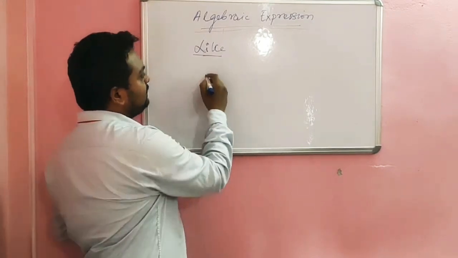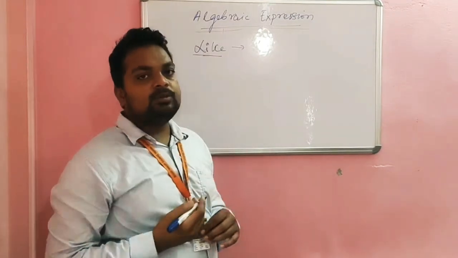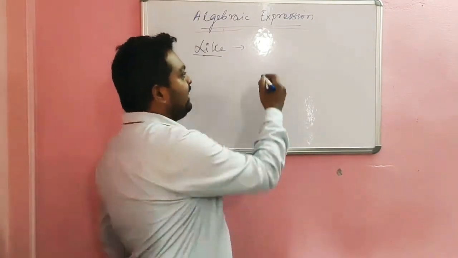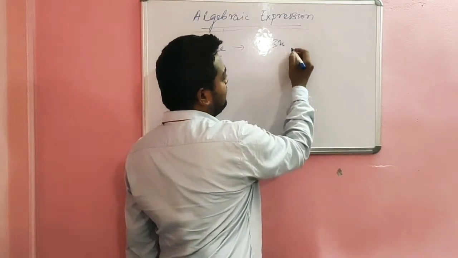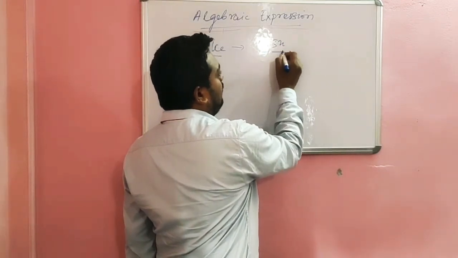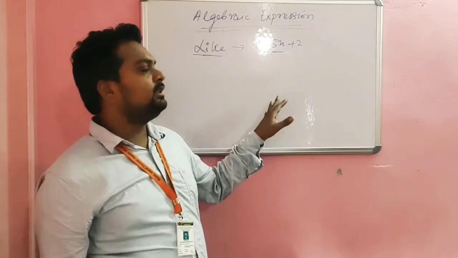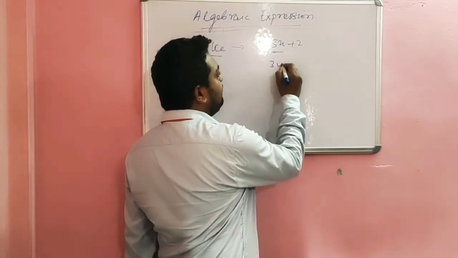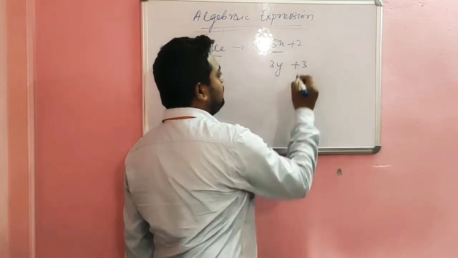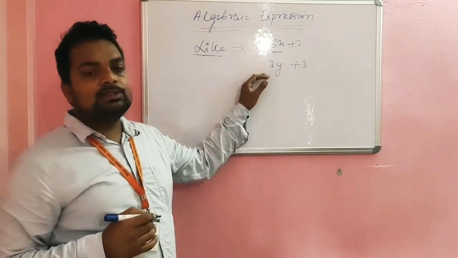So what are like terms? Suppose in an algebraic expression we have 5x plus 2, and in another term we have 3y plus 3. So can we add these two terms?